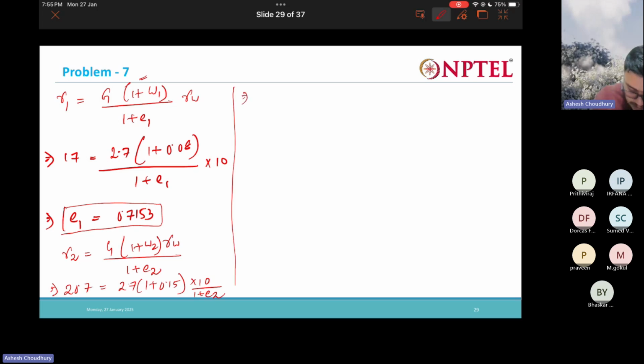So E2 is how much? 0. So the void ratio for the embankment I also got. Now, again we will go back to the previous problem, where we calculated the volume of solids. Remember, we calculated the volume of solids. So we need to do the same thing.